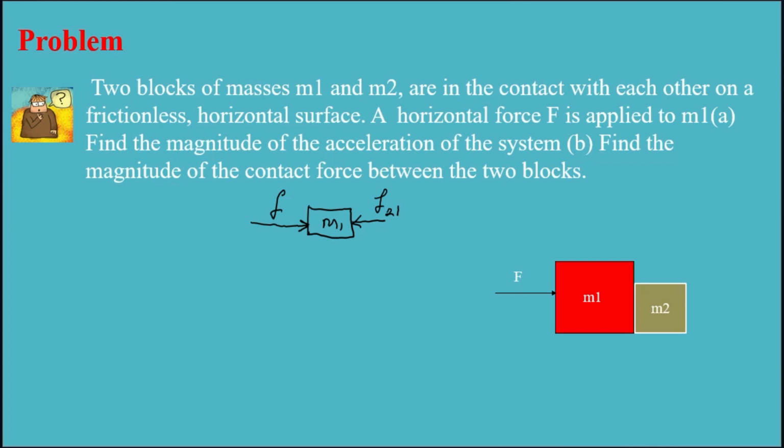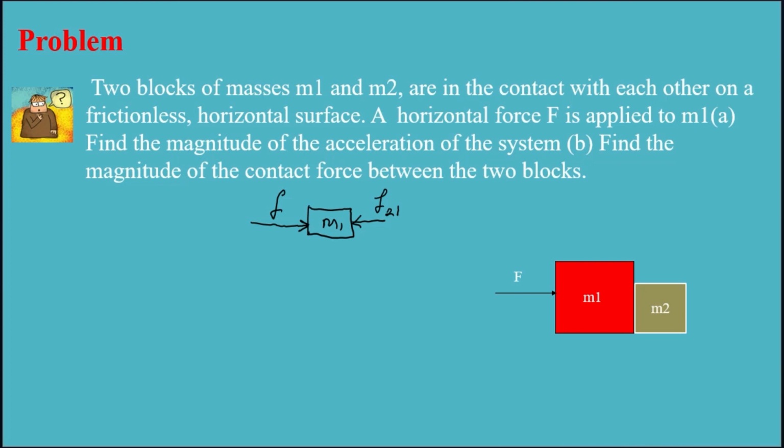So let's think about it. I'm going to move the box. m1 moves, and m2 is attached to m1. If I want to move the box in the right direction, m2 doesn't allow me to move m1. It's kind of like a friction force.